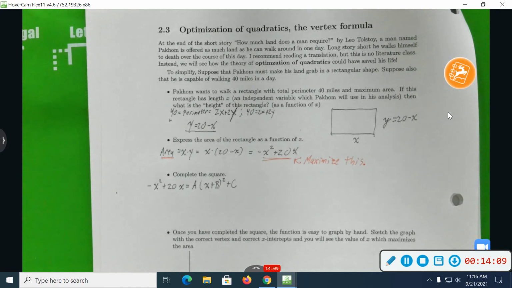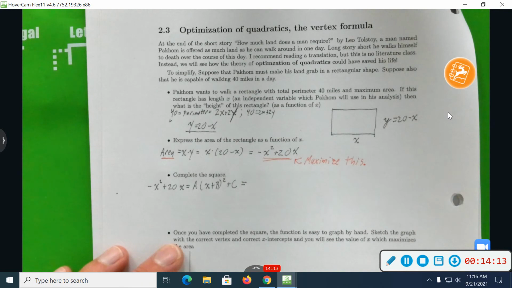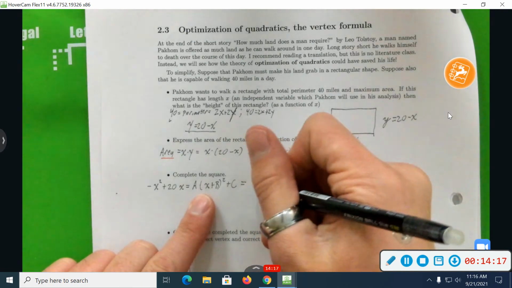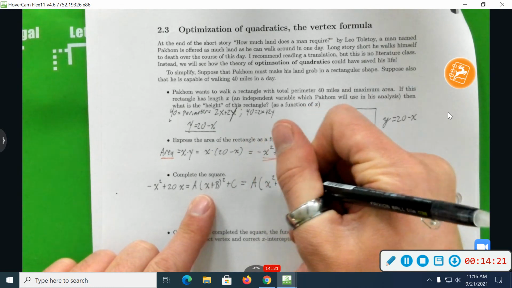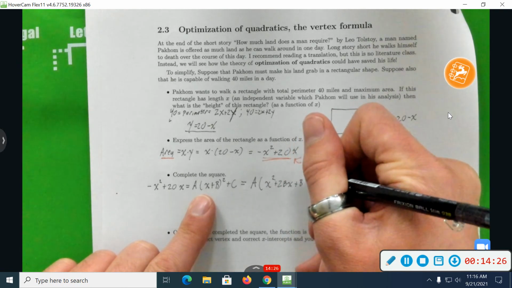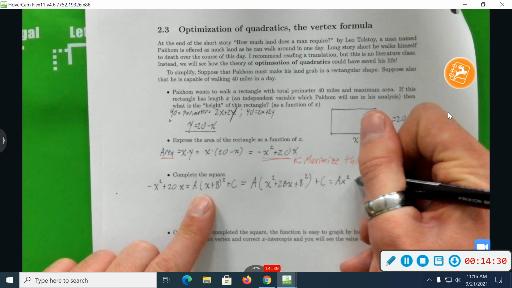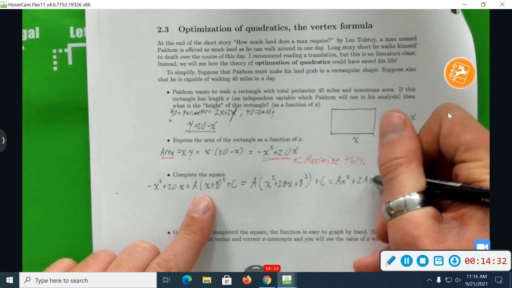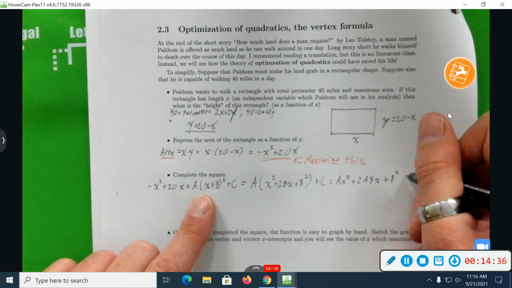And let's walk it out this way. So on the one hand, many of you have already completed this step in the problem. Let's FOIL it out and see what we get. a times (x squared plus 2bx plus b squared) plus c equals ax squared plus 2abx plus ab squared plus c.